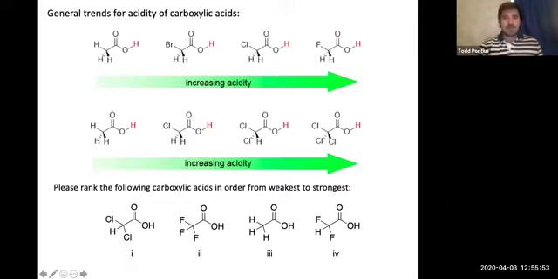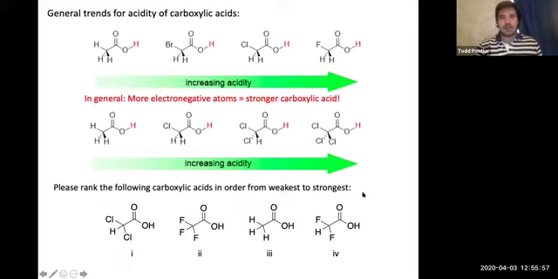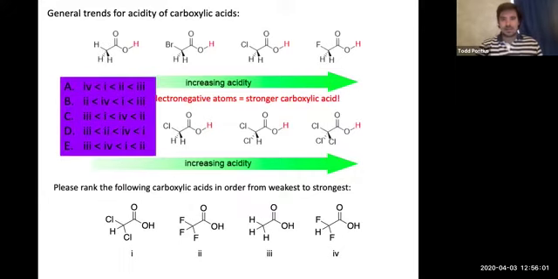So with that in mind, take a moment and rank these carboxylic acids from the weakest to the strongest using those rules that we just discussed. So take a few moments and we're going to go to Pole City, population, everybody.